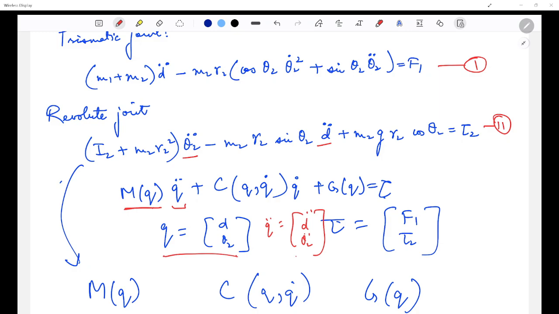If you take it out, how would the M matrix look? It is in completely expanded form. We need to get the matrix out of it. Similarly, for the C term, you have to see what term is being multiplied with Q dot. That means what term is being multiplied with the vector which comprises d dot and theta 2 dot.